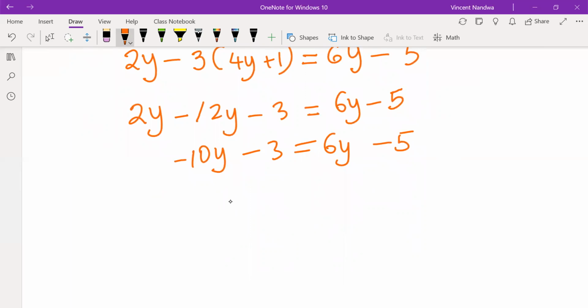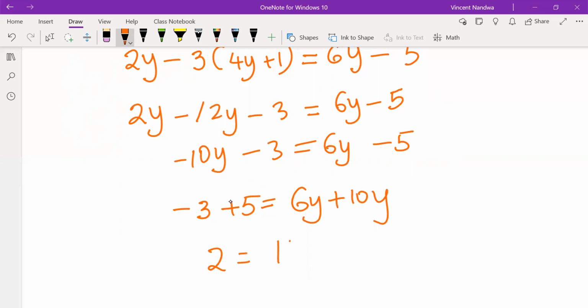Now collect like terms, so I can take minus 10y to the right-hand side and minus 5 to the left-hand side. So I'll have minus 3 plus 5 equals 6y plus 10y. Minus 3 plus 5 is 2, 6y plus 10y is 16y.